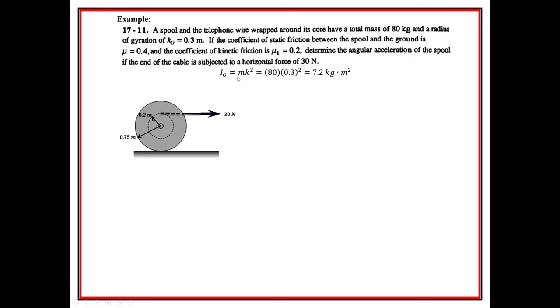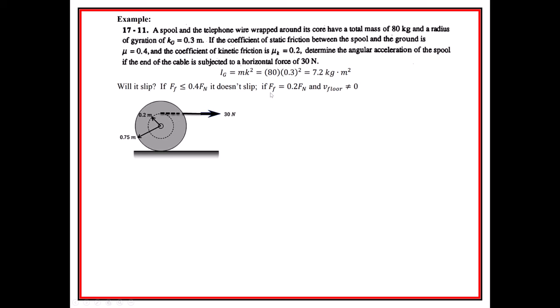We get the moment of inertia just from that radius of gyration, and we have to ask the question as part of this: will it slip? That's determined by whether the friction force is less than the coefficient of static friction, 0.4, times the normal force.